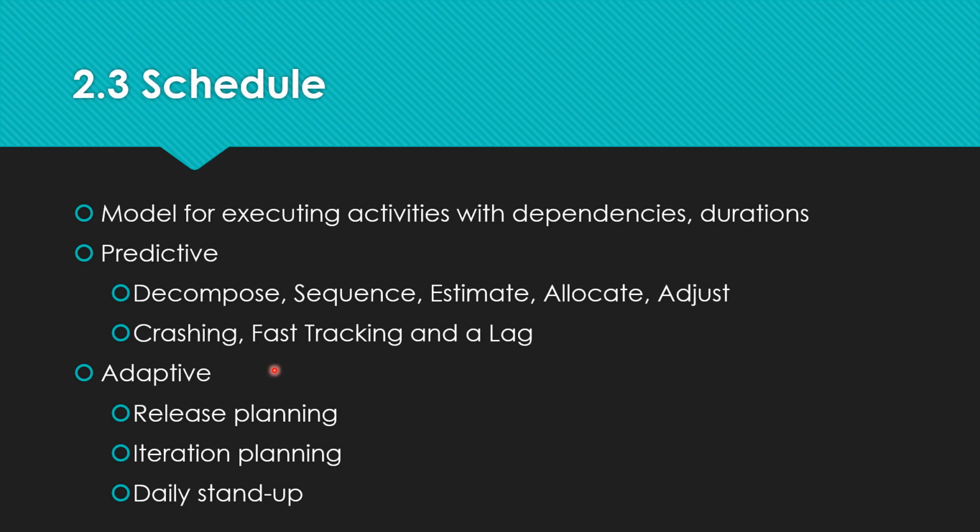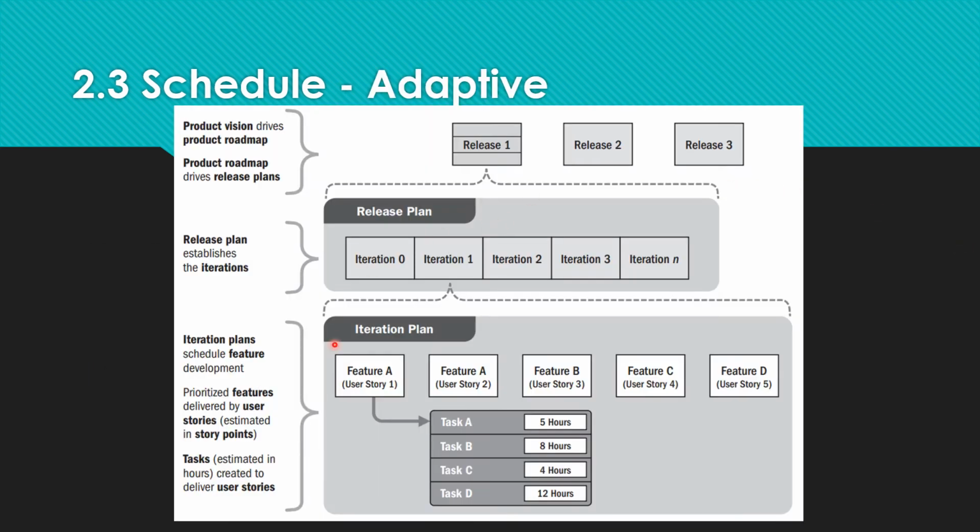In adaptive methods, we do a release planning and then for each release we do a number of iteration plannings. Release planning generally can be done quarterly. Iteration plans are done bi-weekly or monthly. And every iteration will have a daily stand-up for 15 minutes. Right? This is one example of an adaptive schedule.